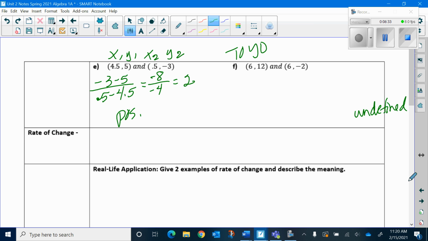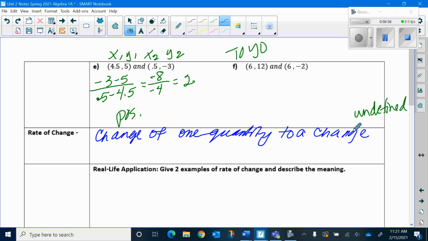Now, when we talk about rates of change, basically what I'm saying is that it's a change of one quantity to a change of another quantity.